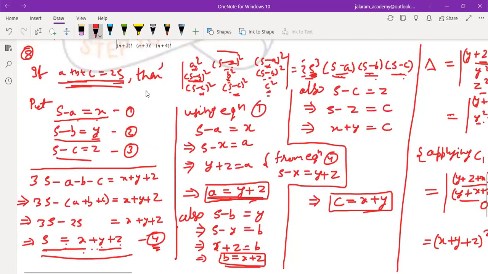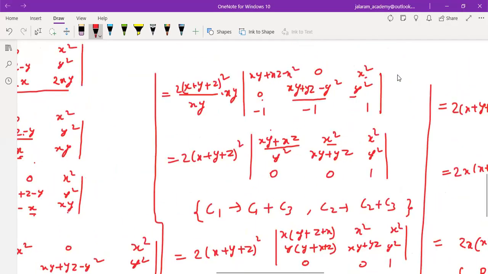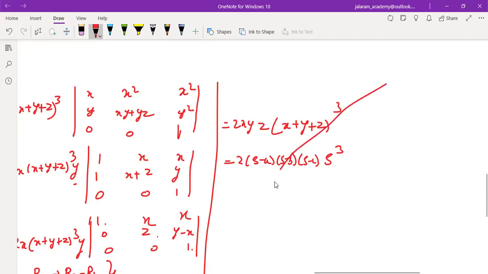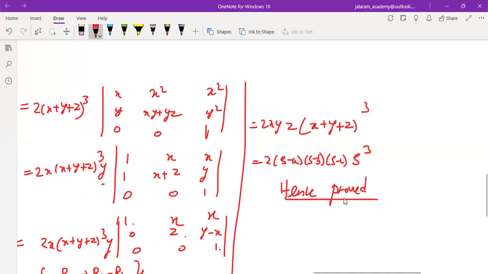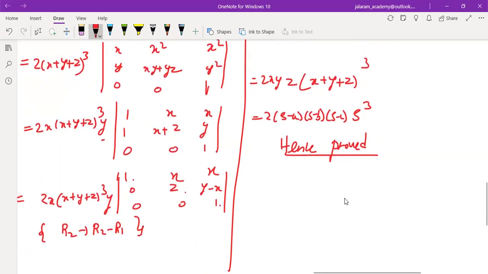When a plus b plus c equals 2s, then the determinant with rows a square, (s minus a) whole square, (s minus a) whole square; (s minus b) whole square, b square, (s minus b) whole square; (s minus c) whole square, (s minus c) whole square, c square equals 2s cube into (s minus a) into (s minus b) into (s minus c). Hence proved. QED, quod erat demonstrandum, quite easily done.